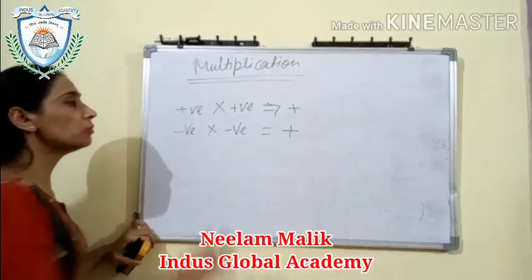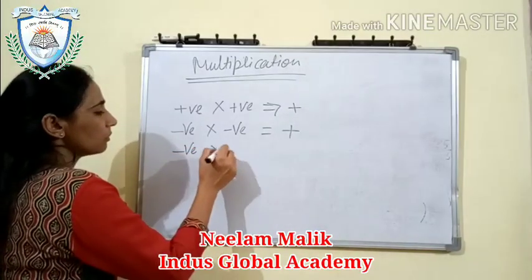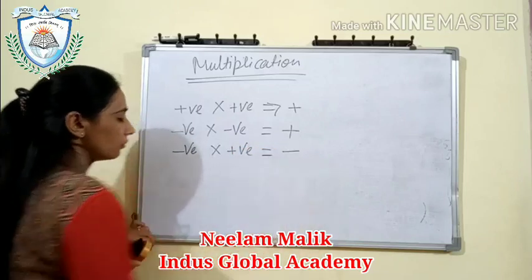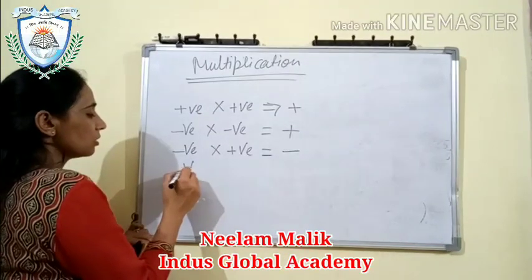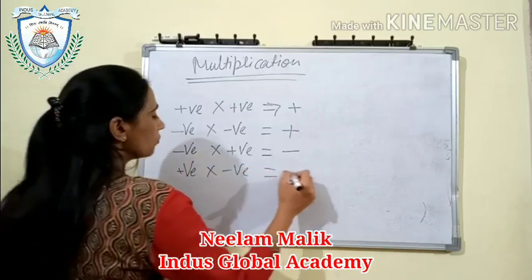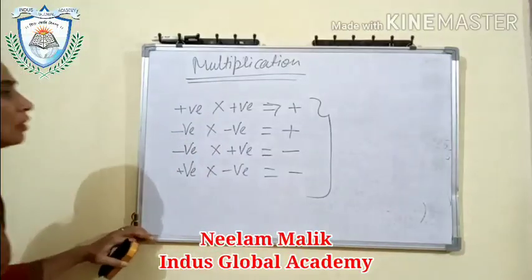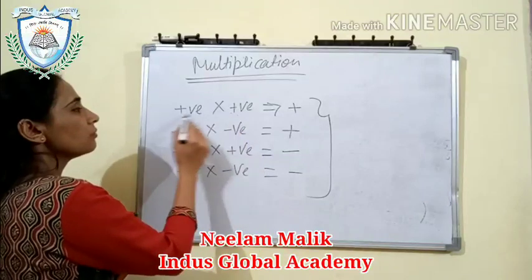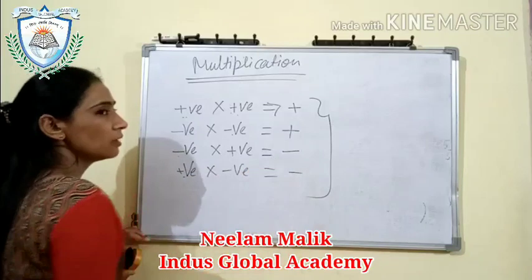Minus minus will be plus in multiplication. If you have one number negative and multiply that number with one positive, you will get negative. Your answer will be negative. And vice versa, positive multiplying negative, similarly you will get minus. So from this, what we observe: in multiplication, when we have the same sign, we get plus. When we have different signs, we get minus.